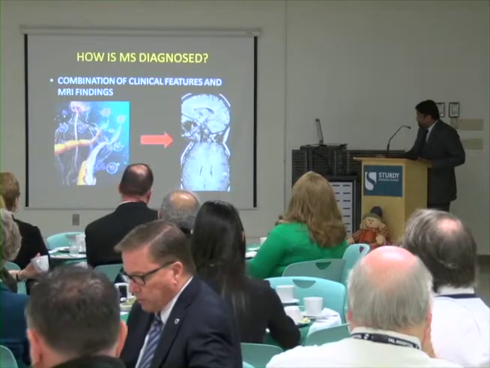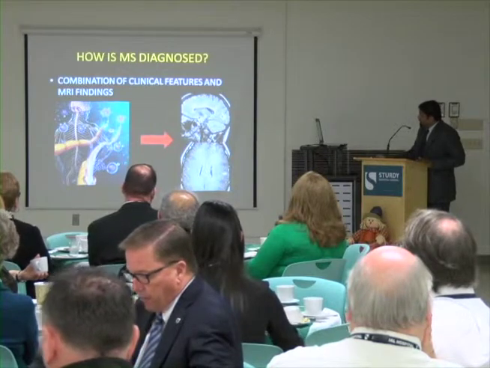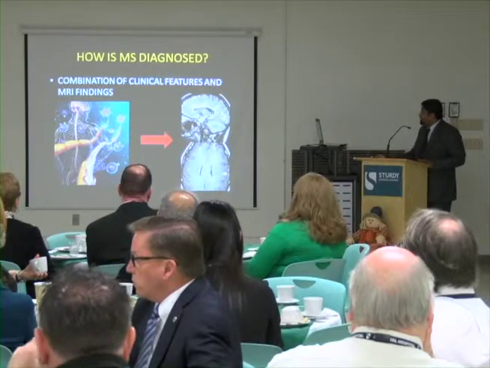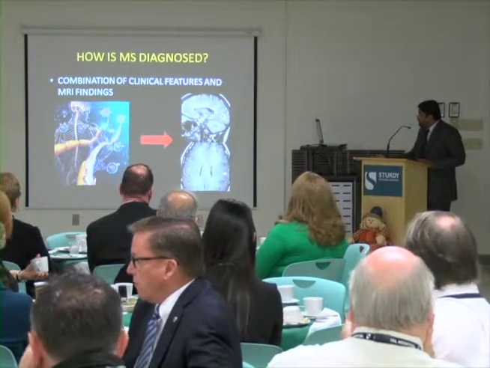Because if you look at these so-called white spots, in this particular case, they are in a particular distribution that suggests that this is MS. But if they are in another distribution, let's say they are more in the central part here, then they may be due to other reasons as well. And when patients get their MRI scans read by a number of providers, there can be confusion about whether this is due to MS or another cause.